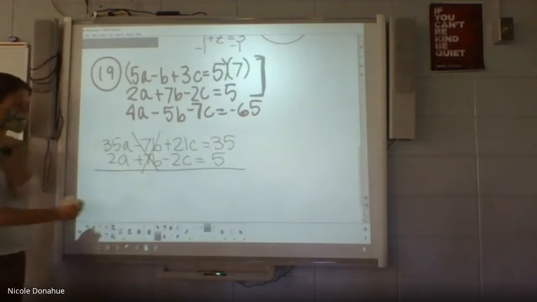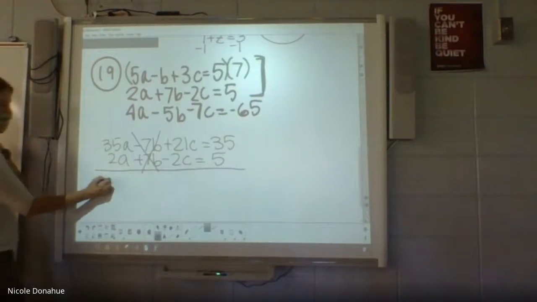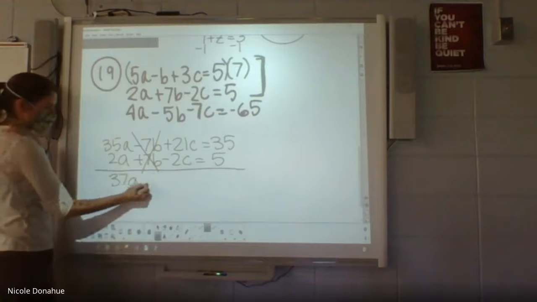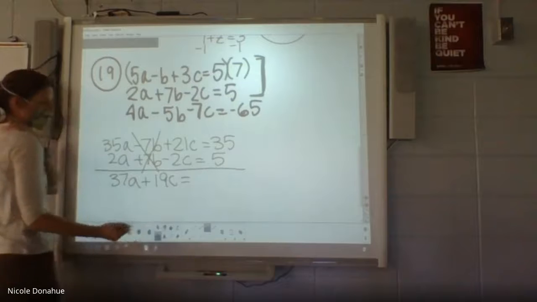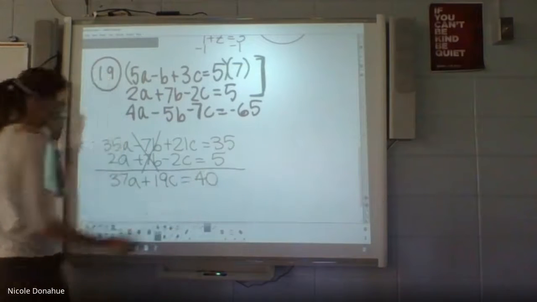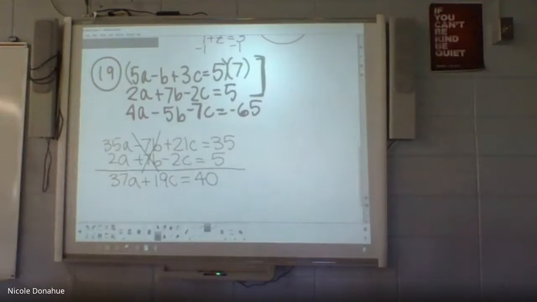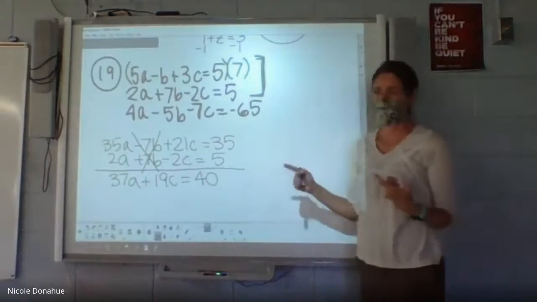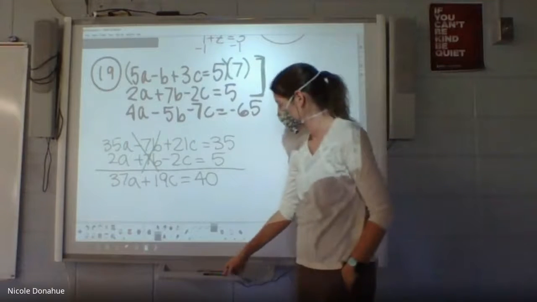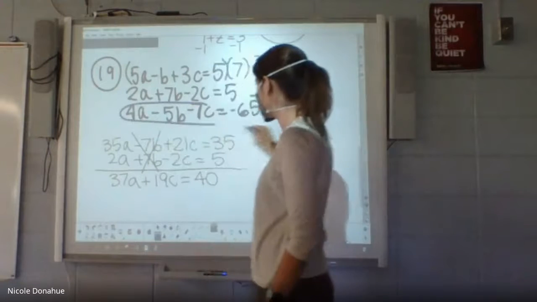So this cancels. So this is 37a, and then this is 19c, and then 40. All right, so this equation has just a and c in it. I want to somehow use the bottom equation to also get just a and c in it.